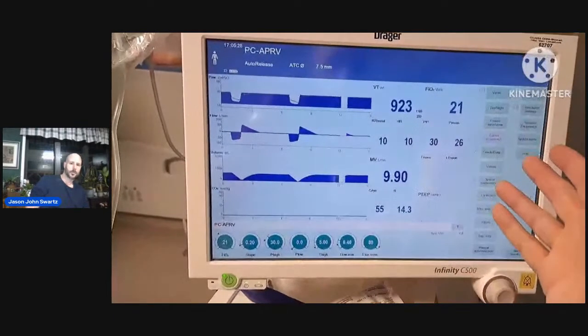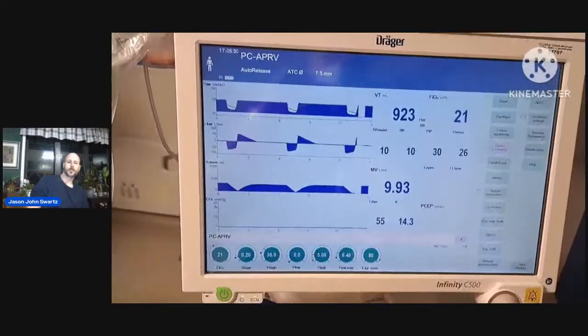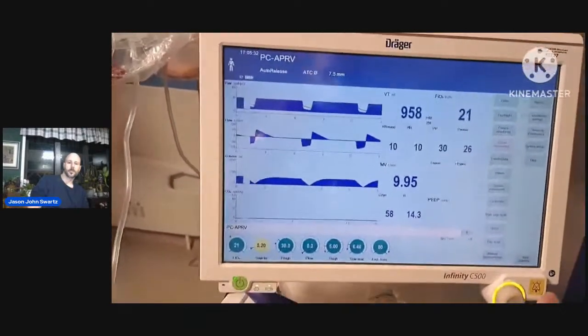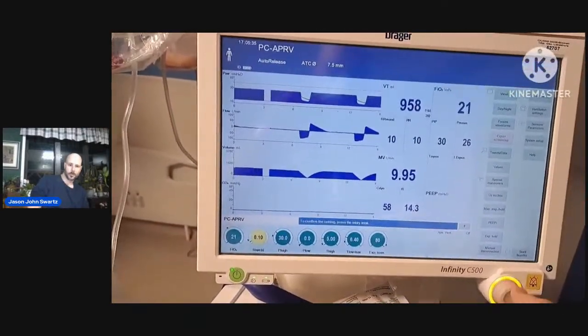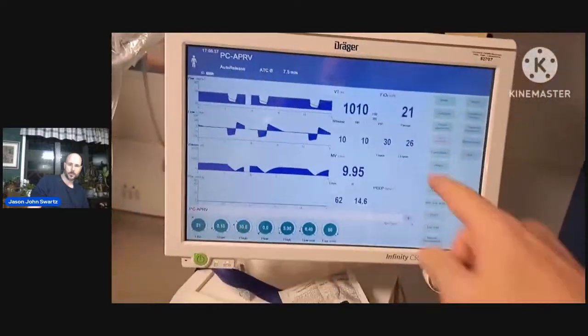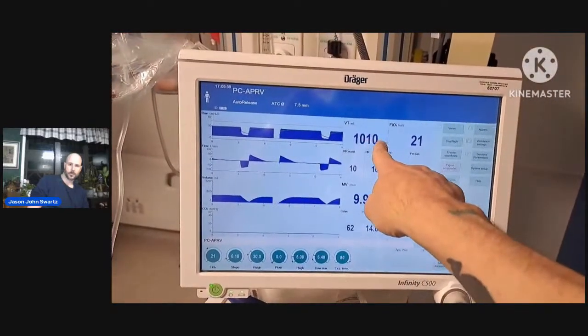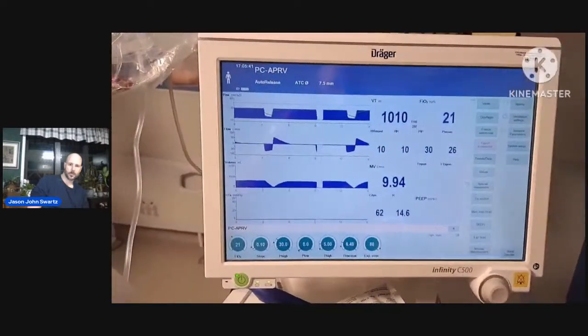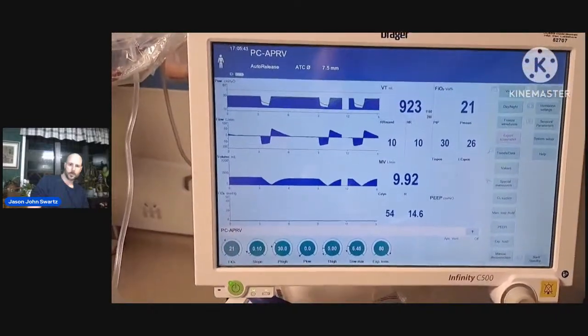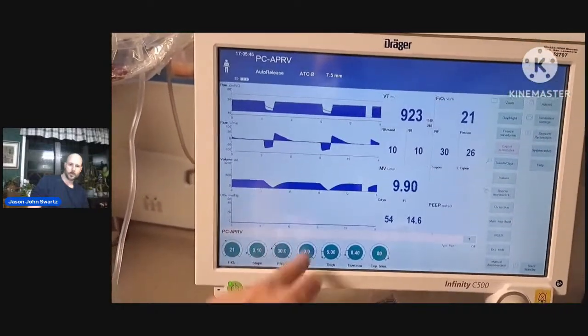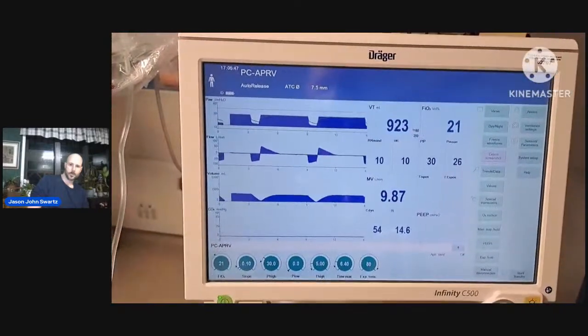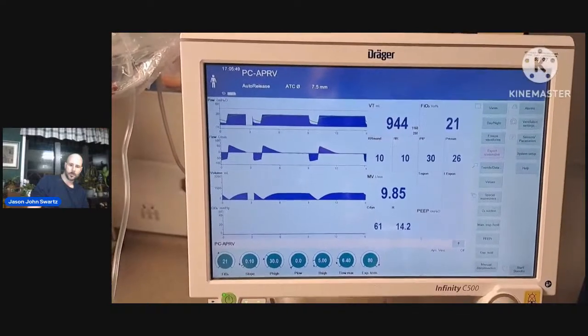So if you have normal blood gases, then just make the slope ramp up quicker. And usually, if you're uncomfortable with that, it'll lower the tidal volume. So that way you can stay with the 30 and you're getting closer to volumes that are not going to be of concern.